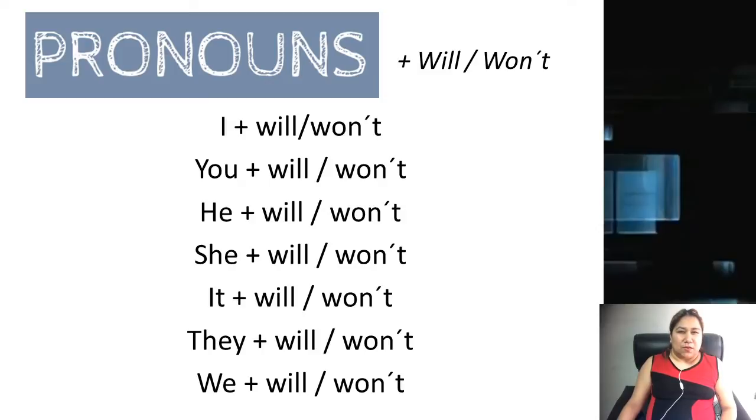Then the auxiliary will. For example, I will, you will, he will, she will, it will, we will, you will, and they will. After that, you have to add the verb in simple form.